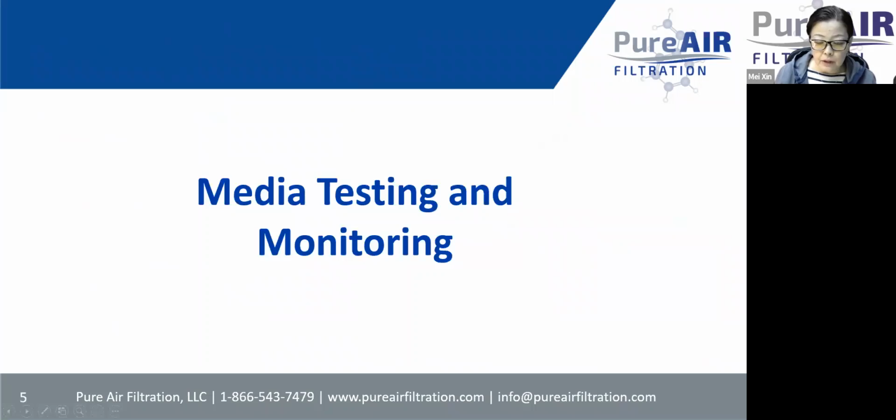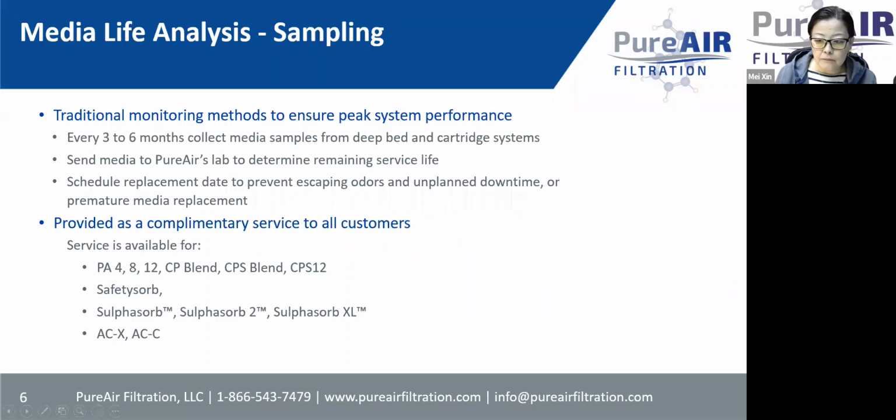So next, I'm going to talk about the details about our media testing and monitoring. For media life analysis, as we explained earlier, it's very critical. You should have this system maintenance program running once your system is operational.